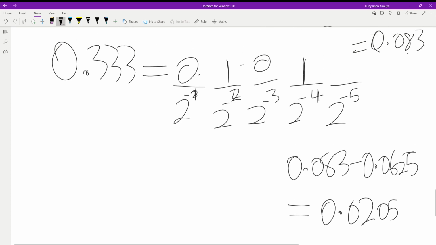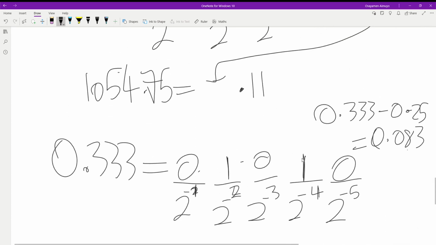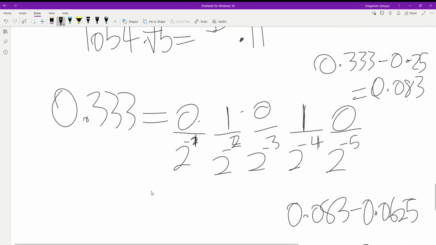So now let's see 2 to the negative 5. That is greater than this, so this would be 0. Basically, if you had a computer that worked within 5 bits, for 0.333 this is what it would return.